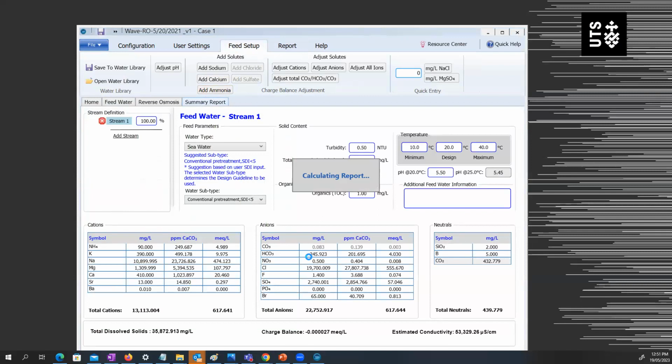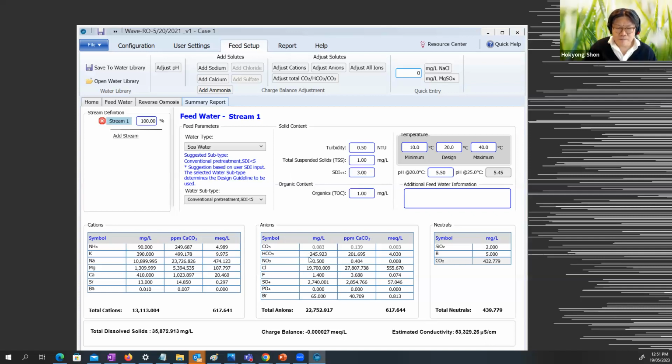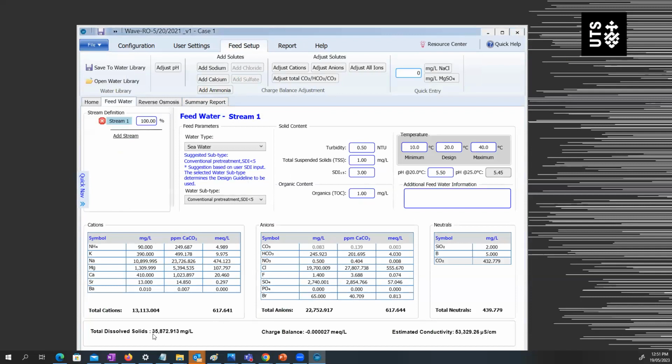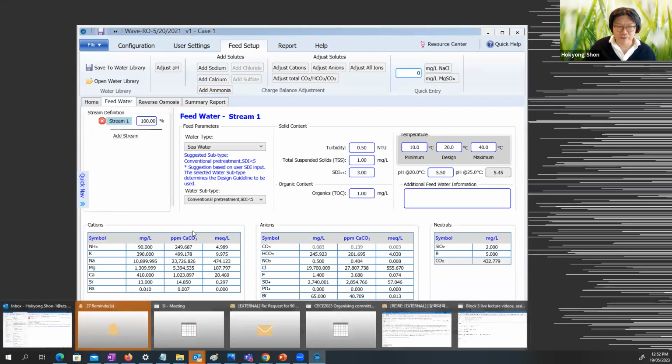Another thing, Professor, the question says the total dissolved solids is around 35,000, right? When we input the values for the ions, let's say the cations first, the total dissolved solids exceeds 35,000. Does it make any difference for our assignment? I think 35,827 or 35,000 milligram doesn't really make any big difference.